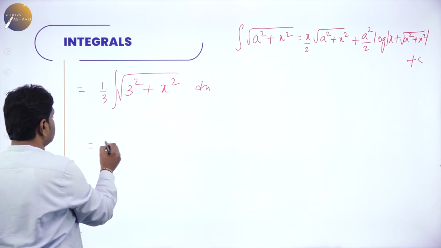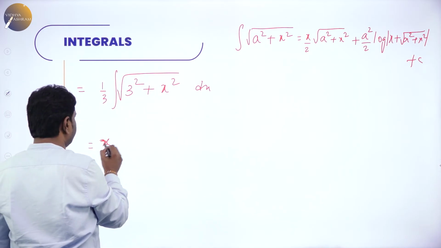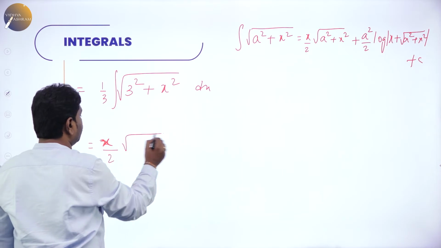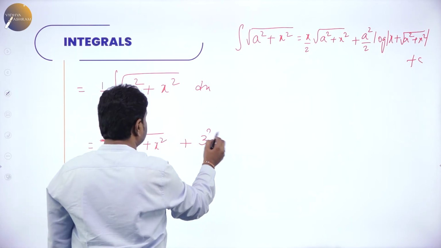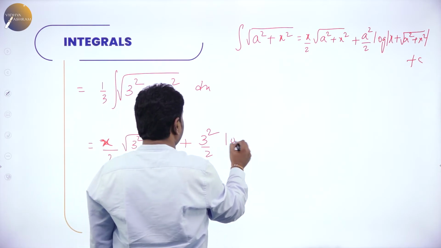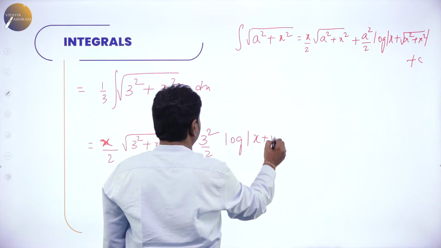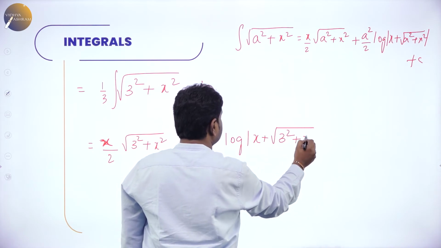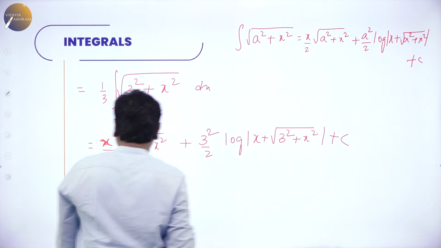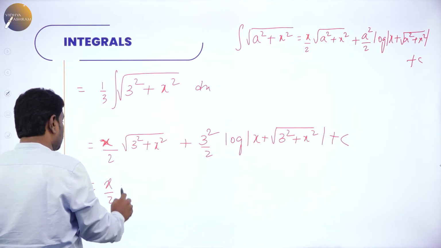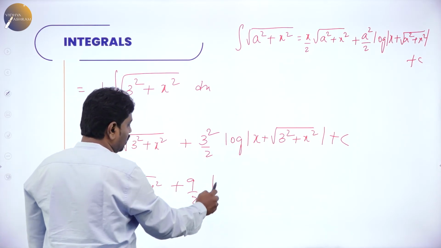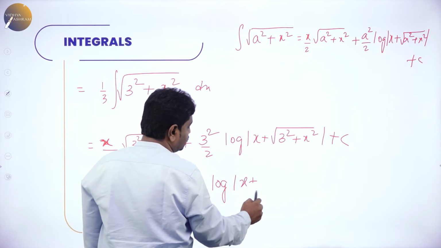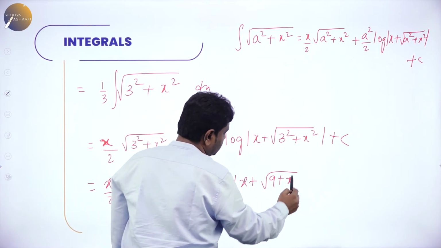So I can write it as x/2 root of 3² + x² + a²/2, that is 3²/2, log of mod of x + root of 3² + x² + c. That is x/2 root of 9 + x² + 9/2 log of mod of x + root of 9 + x² + c.